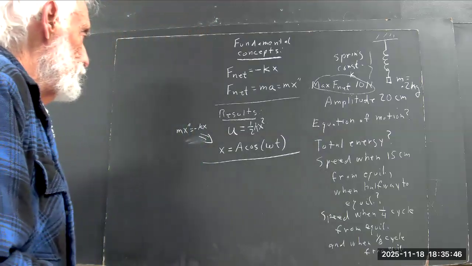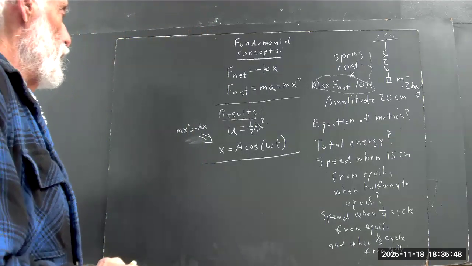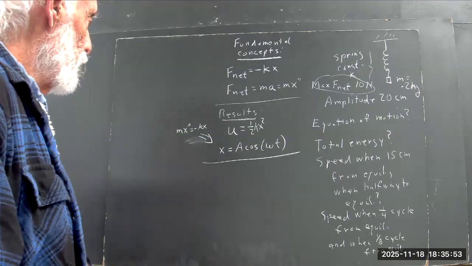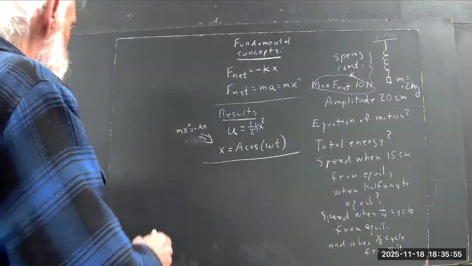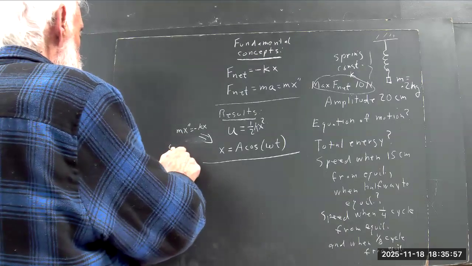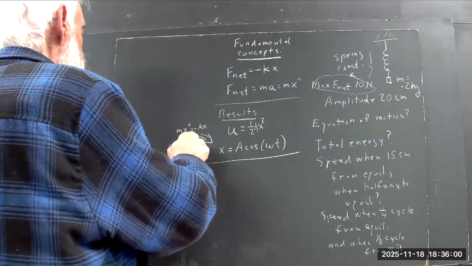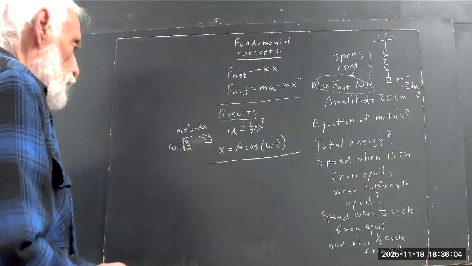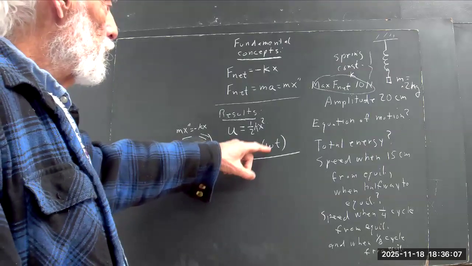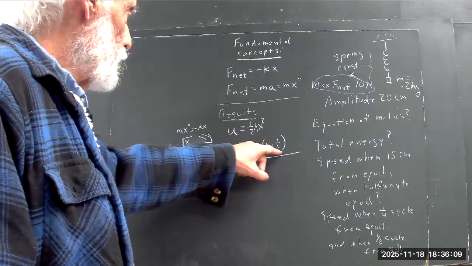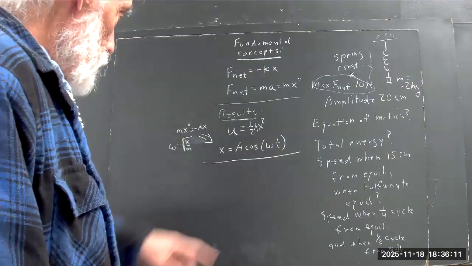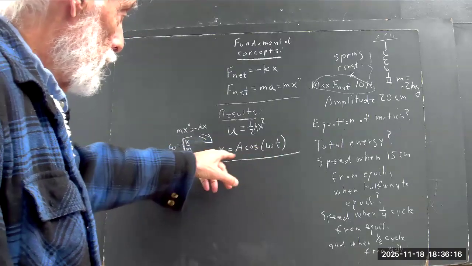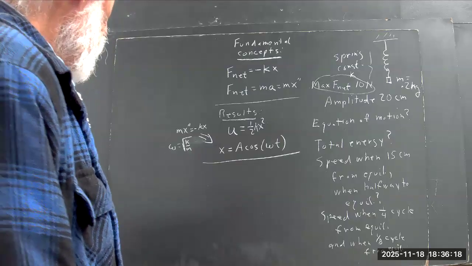Well, the other thing we get out of mx double prime equals negative kx is actually we get a cosine of square root of k over m times t. And we call that omega. Okay, so x is then a cosine of omega t.